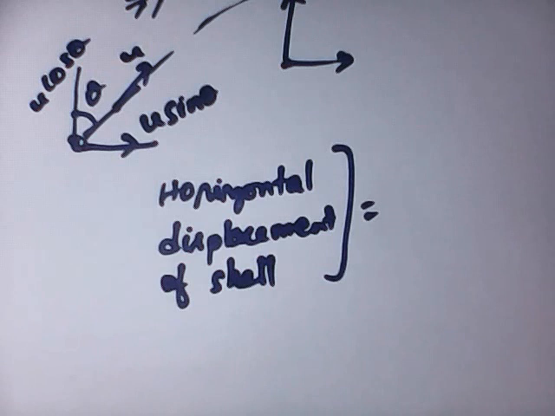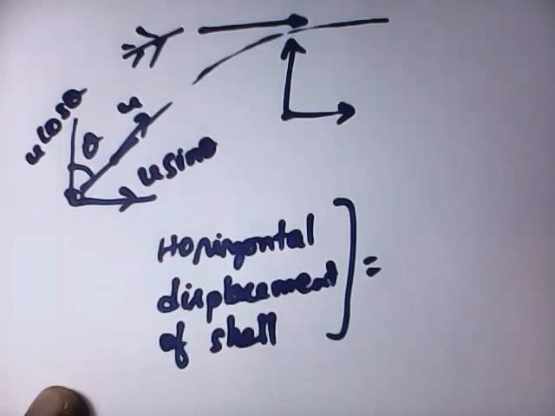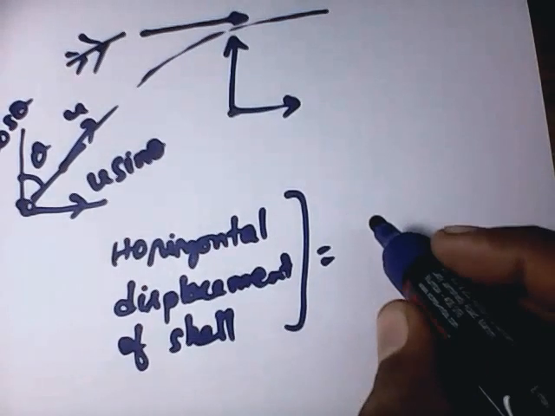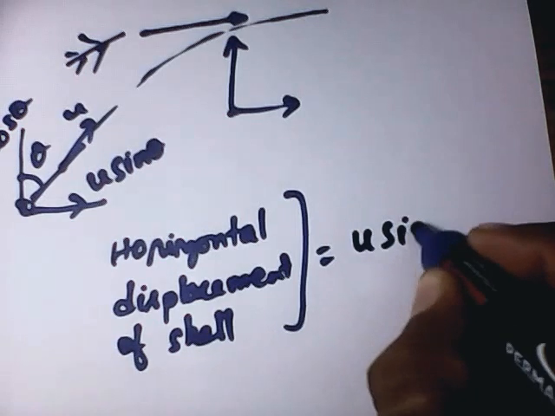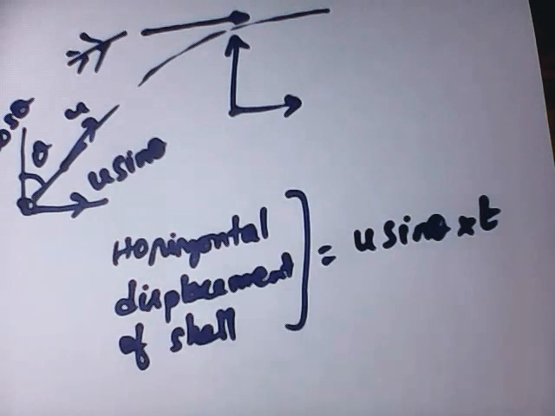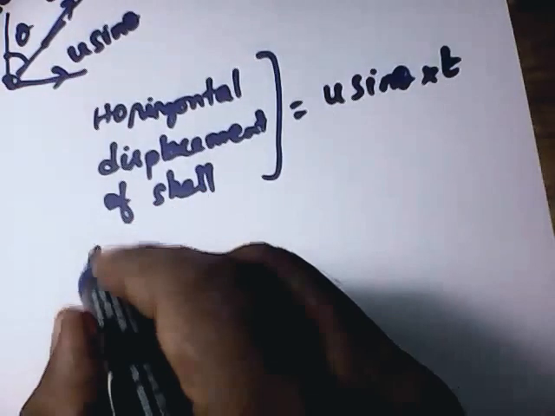So this u sin theta with the particular time t, both should mingle to hit. So the horizontal displacement is u sin theta into time taken t to hit the plane.